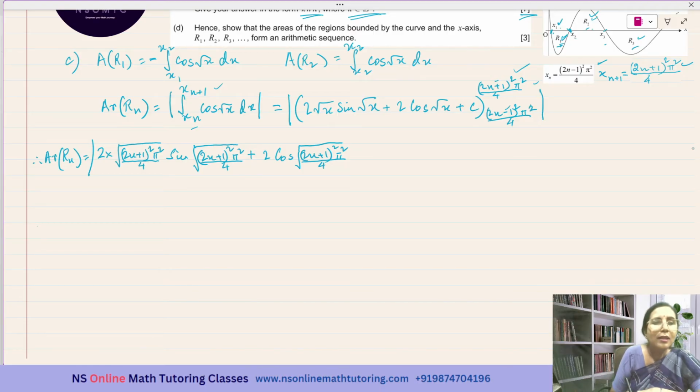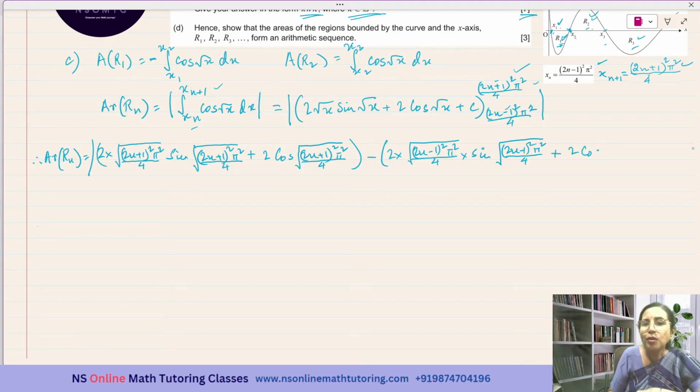And this is the first part, minus, I'm not writing the c anymore, 2 times square root of (2n minus 1) whole square pi square over 4 times sine of square root of (2n minus 1) whole square pi square over 4, and plus 2 times cos of square root of (2n minus 1) whole square pi square over 4.